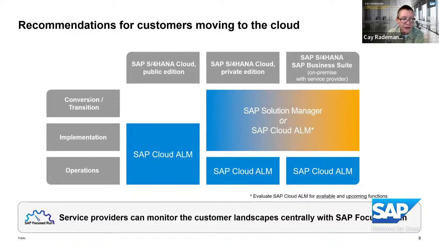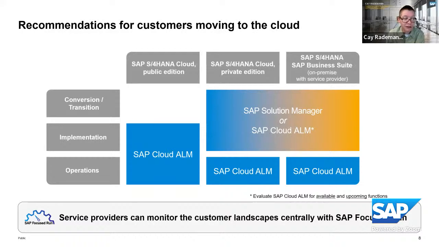The second thing interesting here is that for SAP S/4HANA Cloud Public Edition, also the general recommendation of SAP is to use SAP Cloud ALM, both for the implementation and for the operations part.